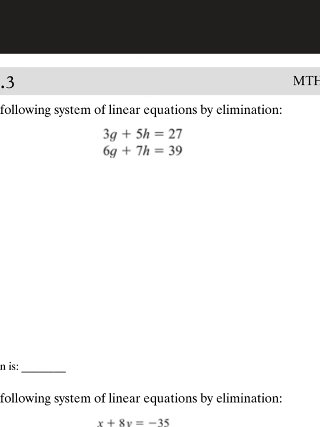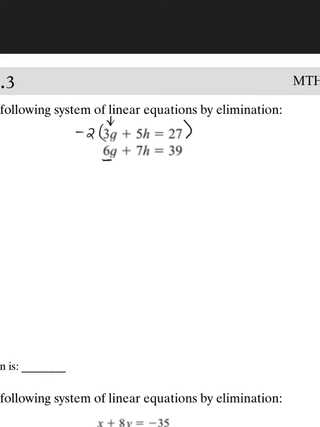Okay, so we have another example. Solve the following system of linear equations by elimination. Notice this time we don't have x's and y's, we have g's and h's, and that's okay. You can pick which one you want to try to cancel out, g's or h's. I'm thinking g's because 3 and 6 have common factors. I could cancel out a positive 6g if I have a negative 3g, which I can only get if I multiply that whole top row by negative 2.